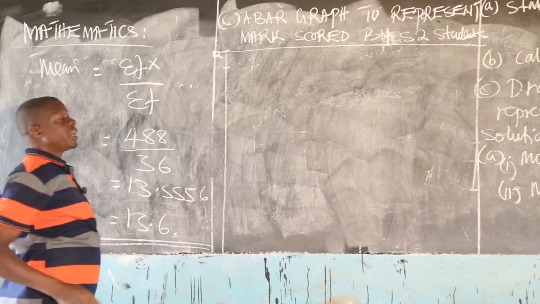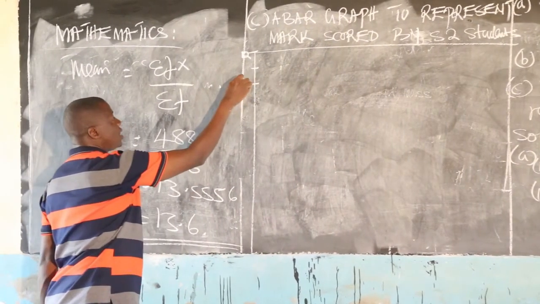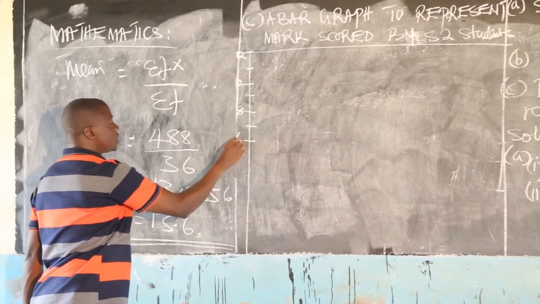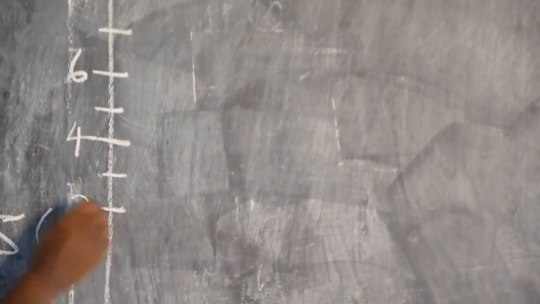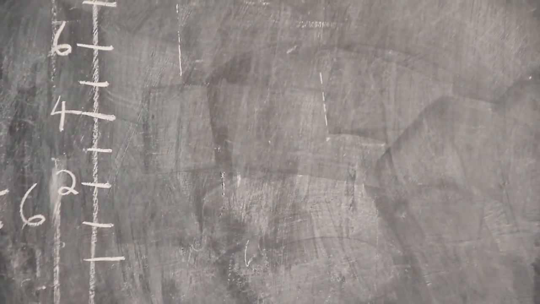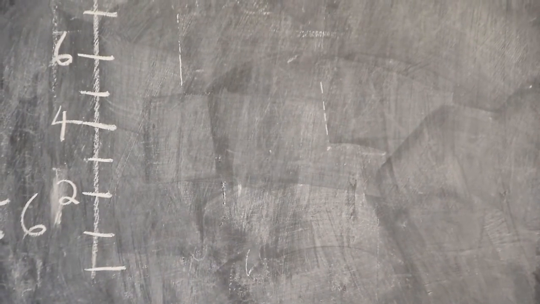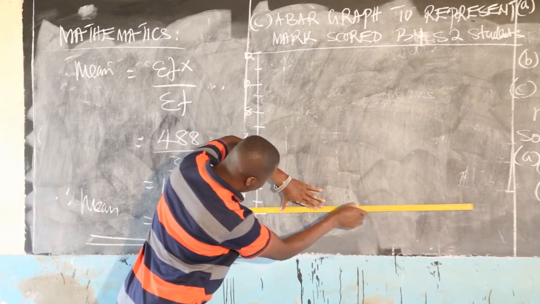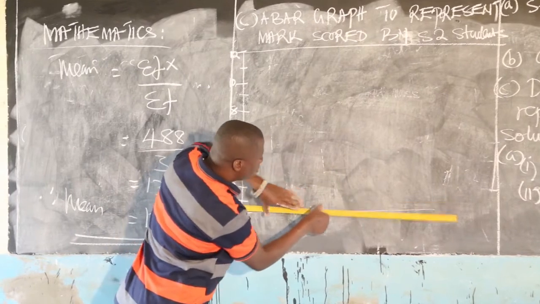Mark 11. We shall leave a gap. We shall mark 10, 8, 6, 4, 2, 1. Then lastly, we should have a 0. You have this line in your graph book already with you.